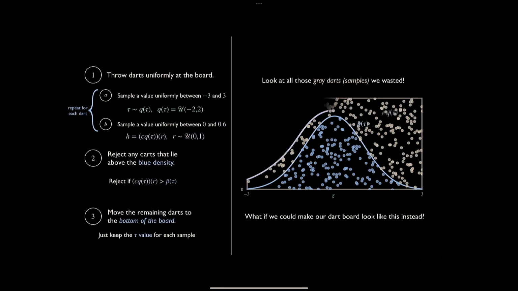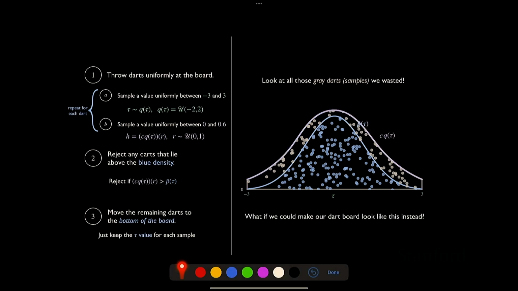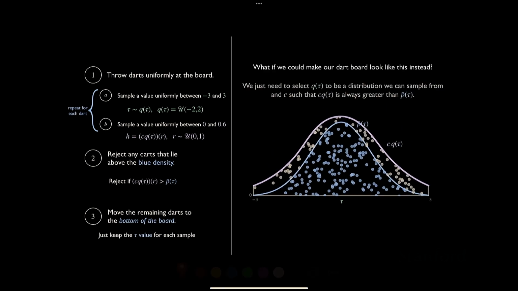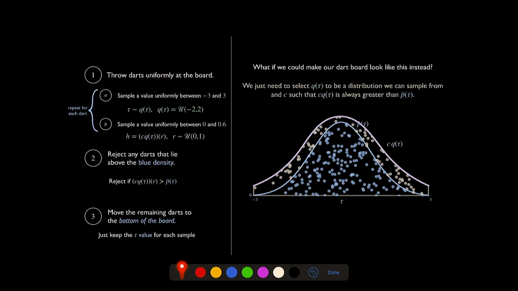And what if instead we could sample from a dartboard that looked like this, for example? Now we waste way fewer samples. There are way fewer samples that got rejected. But we need to then make sure we're able to actually sample darts from this dartboard, right? So the point here is that we can do this, and in fact, we should try to do this.